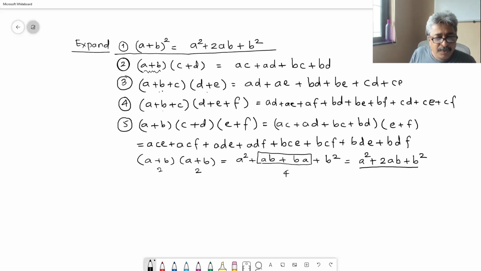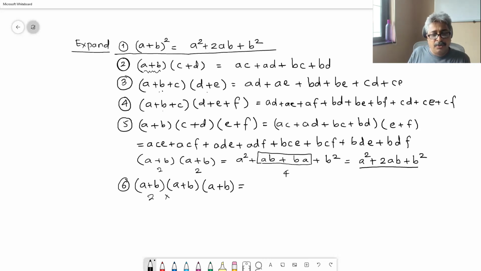Let us expand 6. Suppose I had a plus b, a plus b, and one more times a plus b. Then what would happen? 2 into 2 into 2.